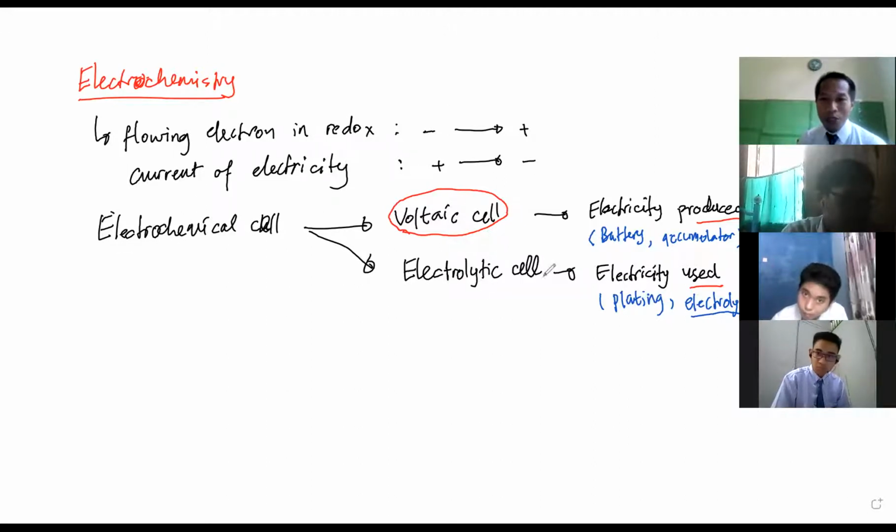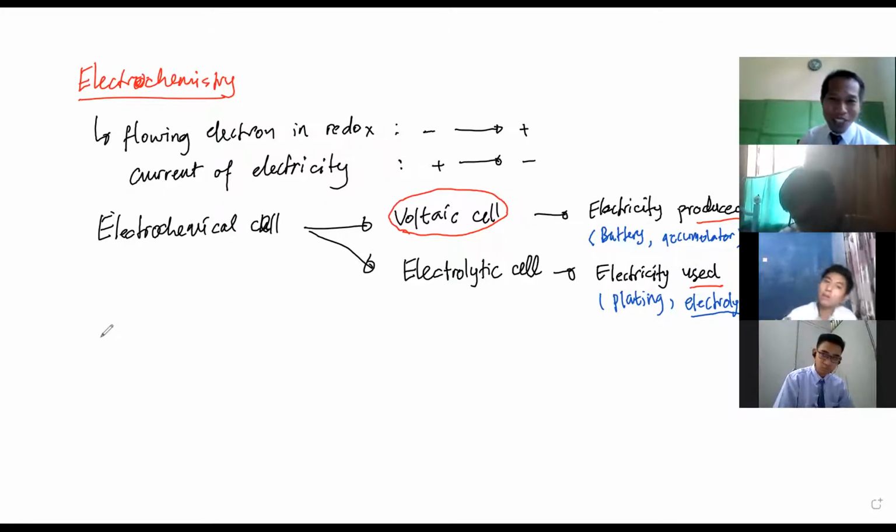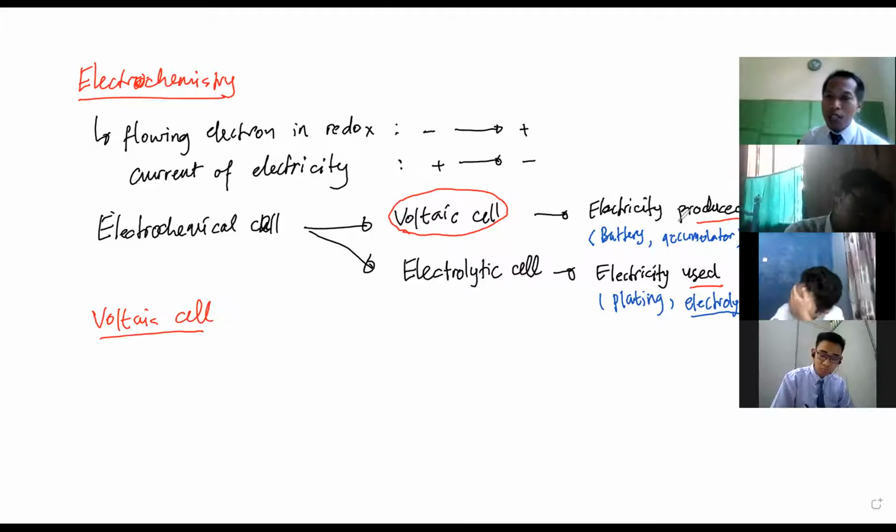Next week, maybe we're going to continue with the electrolytic cell. I hope I can finish the Voltaic Cell in 1 week. We're going to start our journey of Voltaic Cell here. Remember, when we're talking about Voltaic Cell, we are producing electricity.